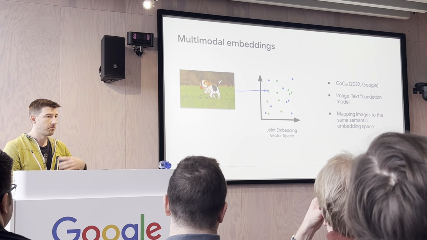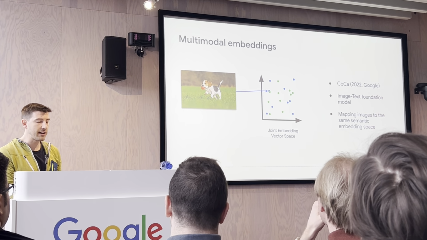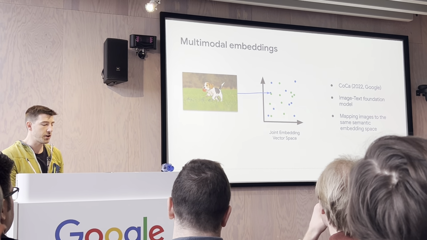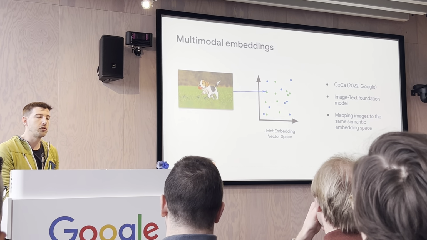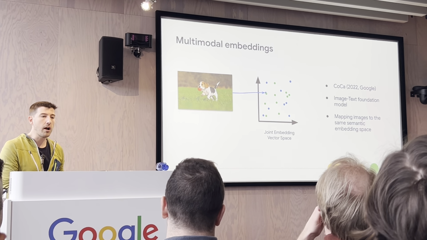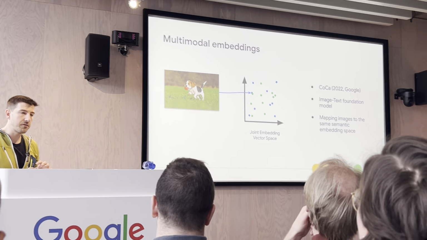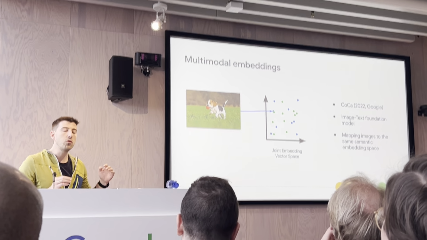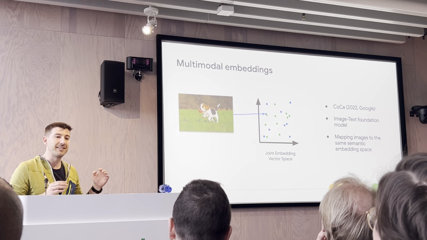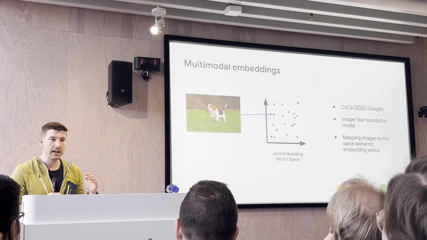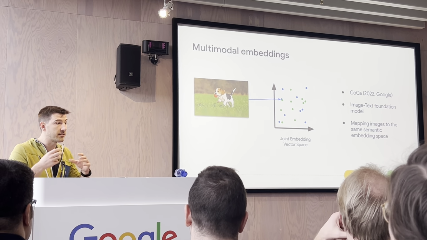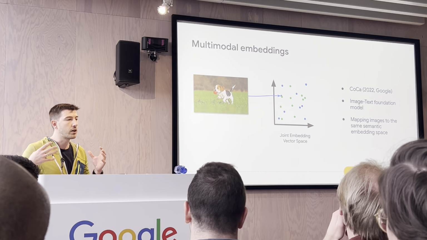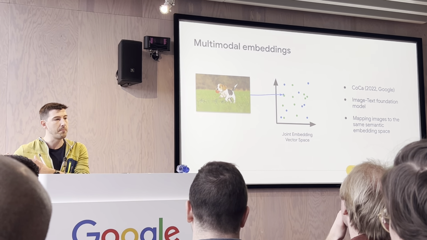And then we advanced again in research and some other foundational models. Google came up with a model called CoCa. And CoCa is based on an image-to-text foundation model where you don't only put in text, a string as an input, a sentence, a number of words, to come up with this one embedding.